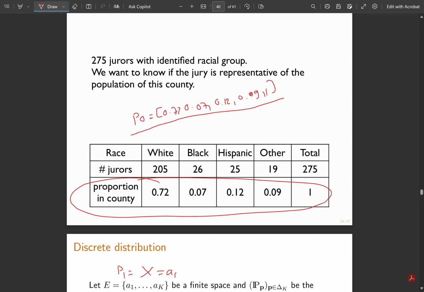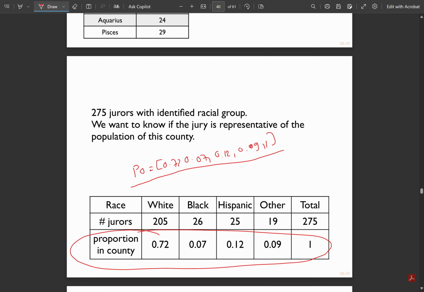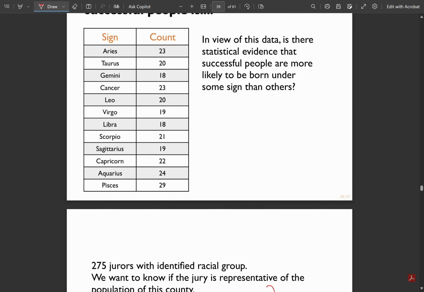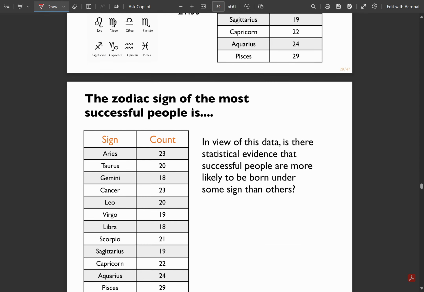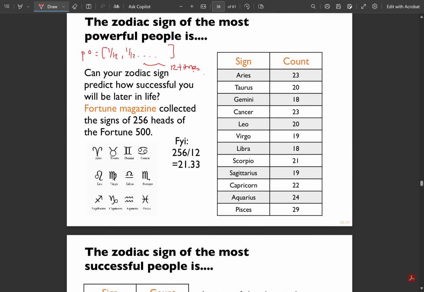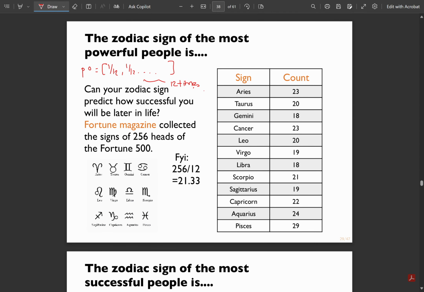And we have another example too. Remember the example about star sign or zodiac sign. In this zodiac sign example, we had CEOs, people we consider to be successful.